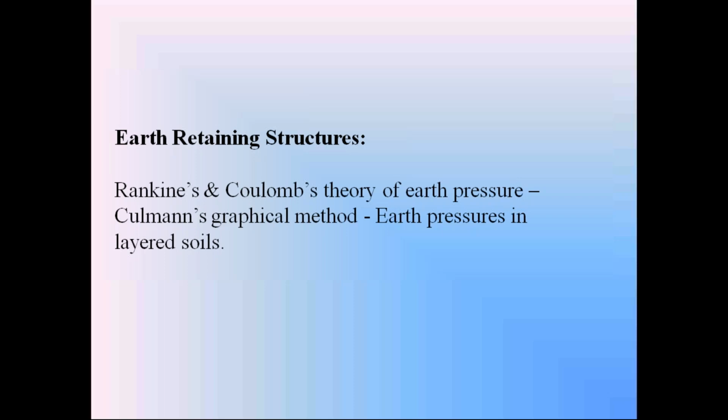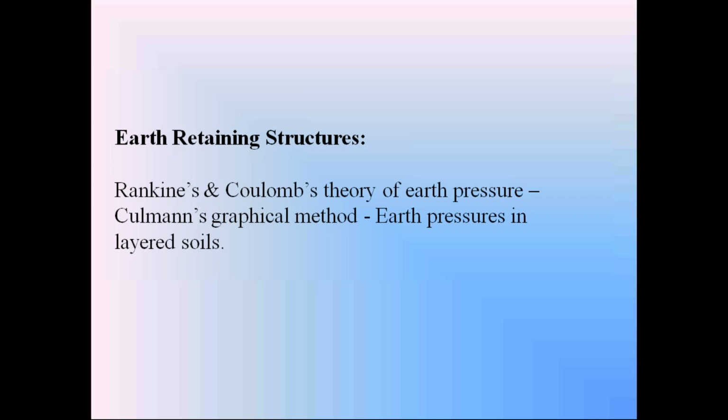In Unit 3, we are going to discuss how to calculate the earth pressure acting on structures. What are the different theories to find the earth pressure magnitude on a structure? For that, we have some basic theories, Rankine's theory and Coulomb's theory. We have theories to calculate the magnitude of earth pressure, that is soil pressure, acting on the structure. We know that soils are of two types, cohesionless soil and also cohesive soil.